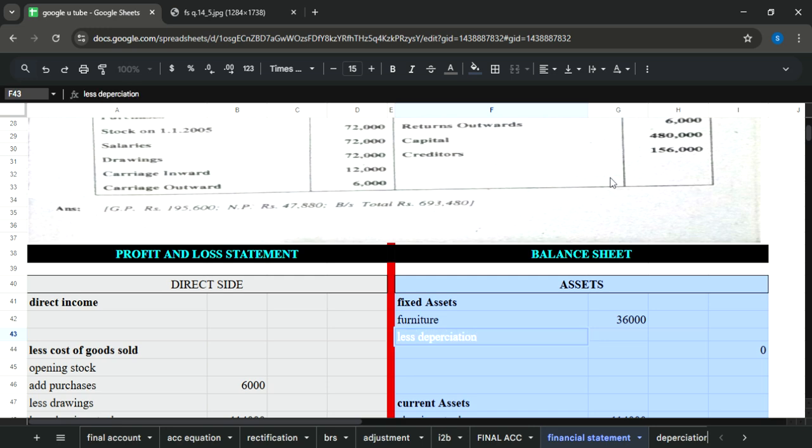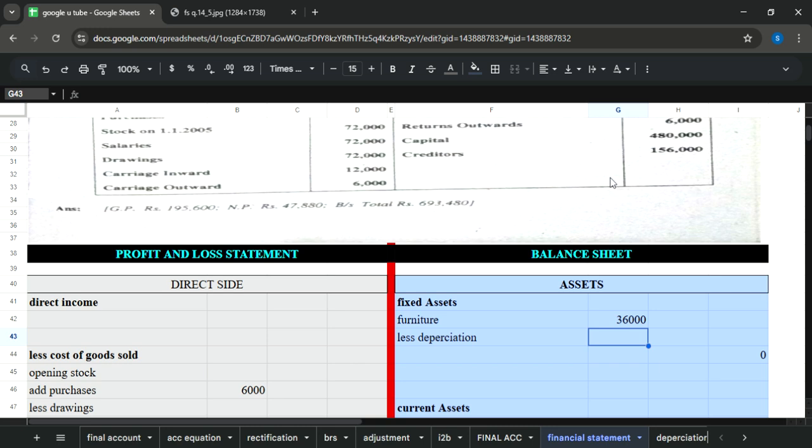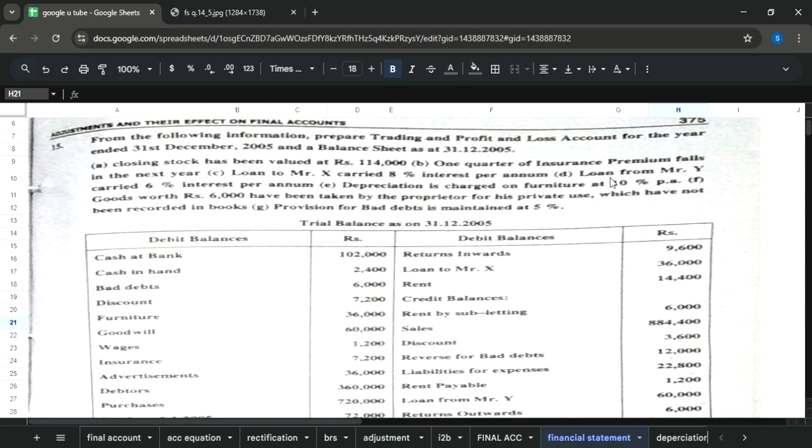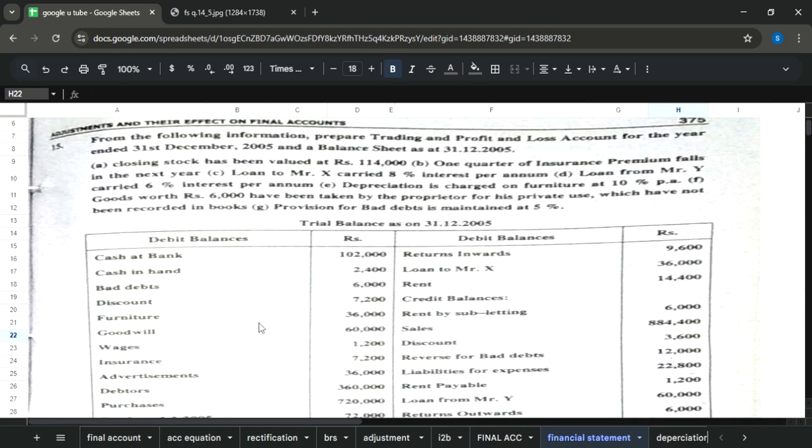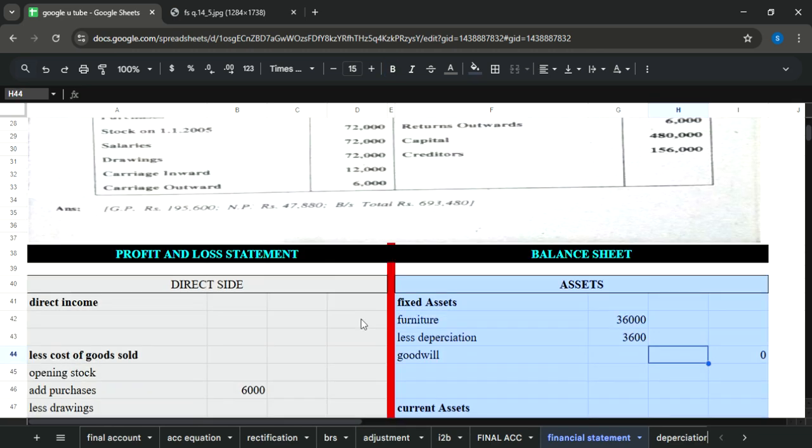By chance this entry was missed, so 3600 would be written over here. It was depreciation. After furniture we have goodwill. It's part of fixed asset 60,000. So you will mention goodwill and the amount of goodwill is 60,000. You will write over here.